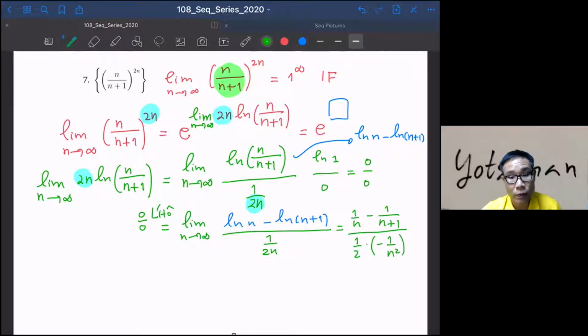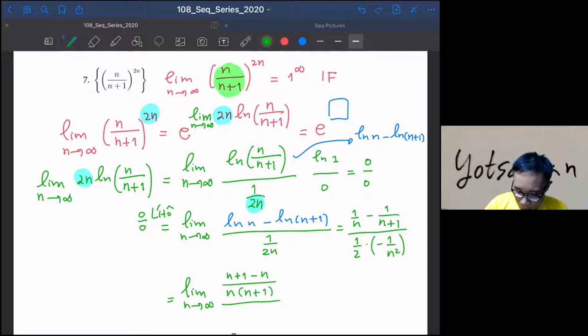This is just applying L'Hopital, where the variable is n. This becomes the limit as n goes to infinity, where the top turns out to be n plus 1 minus n, over n times n plus 1 on the bottom, all over negative 1 over 2 times 1 over n squared.